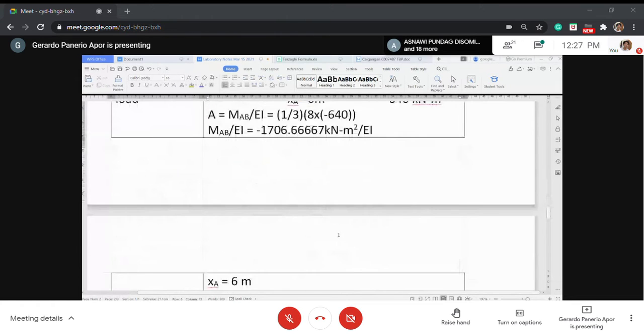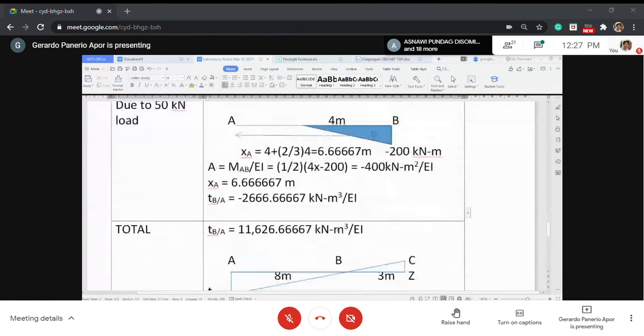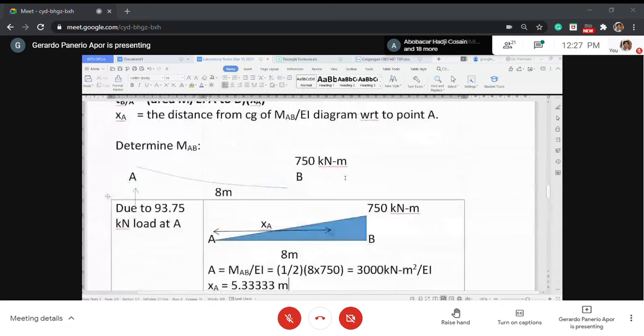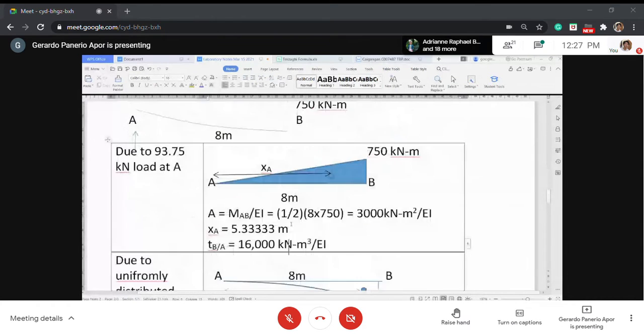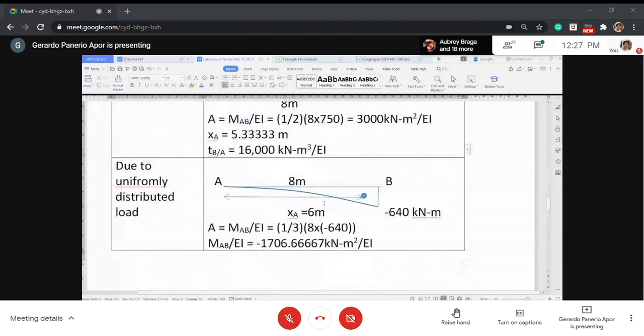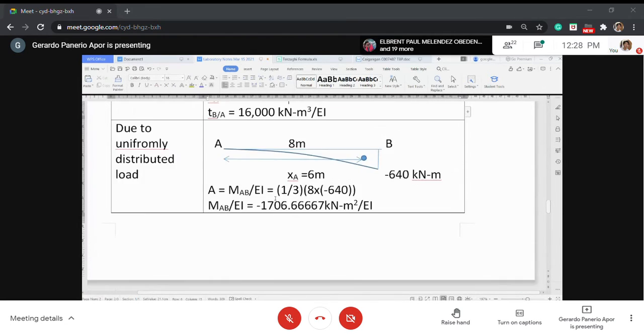Basically, if I am going to add all the moment diagrams, I could consider the whole outline, but in this case I break them into their components.